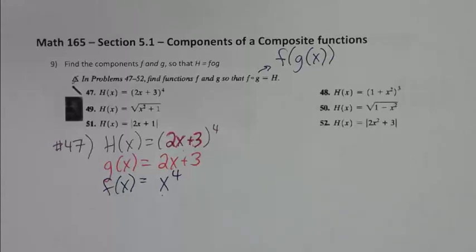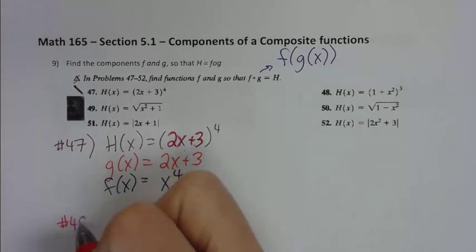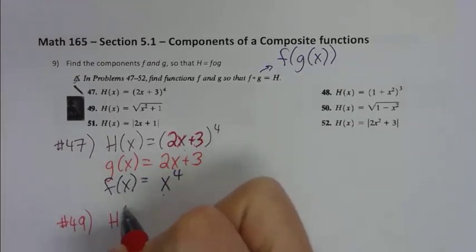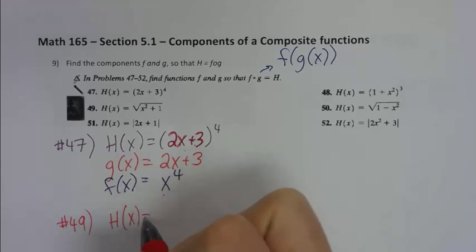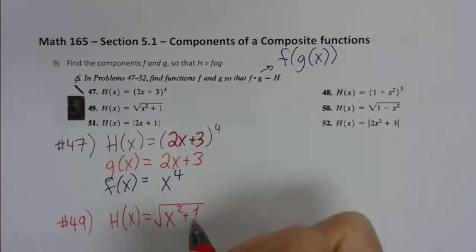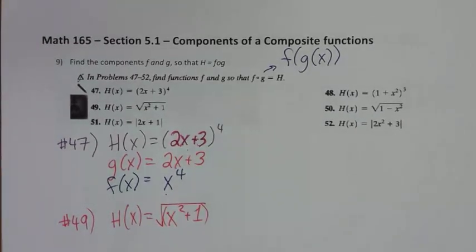And we'll do one more problem for this to wrap things up. So number 49 is the one that will be our last for this video. And we have h of x being equal to the square root of x squared plus 1. So that x squared plus 1 part is kind of the inside part.